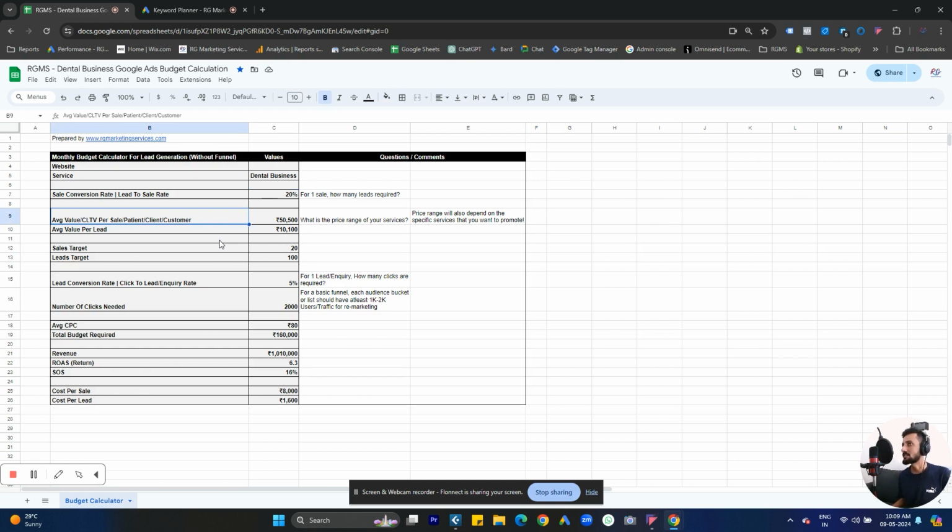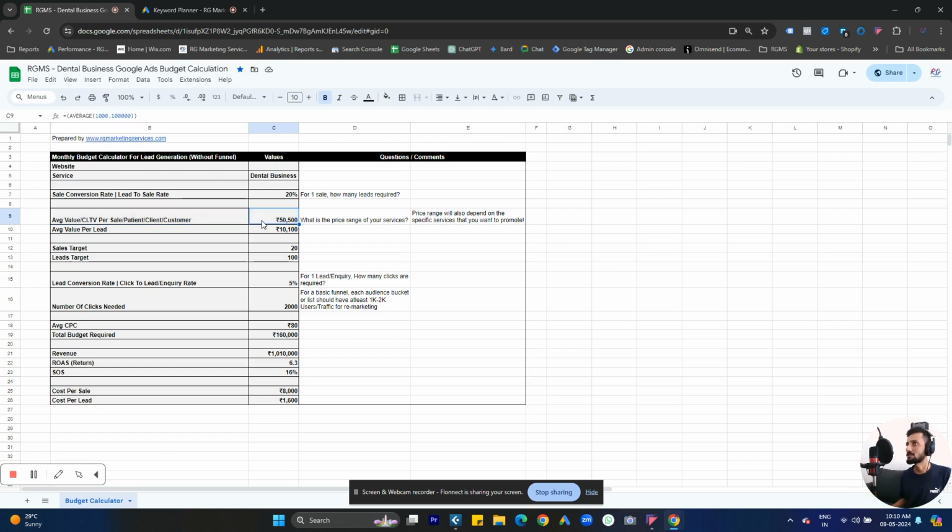Next important metric to understand is the average value or customer lifetime value per sale or patient in this case, or the customer. So this can be calculated for the services that you want to promote, okay, and the prices associated with it. It might be one service, 2 services, or all the services that you might be looking to promote.